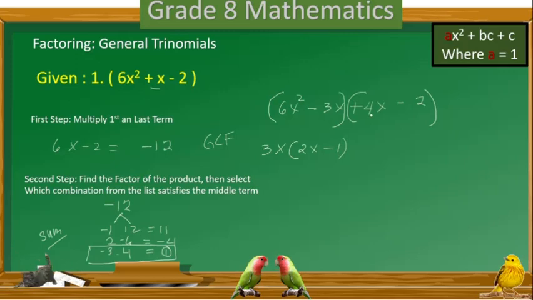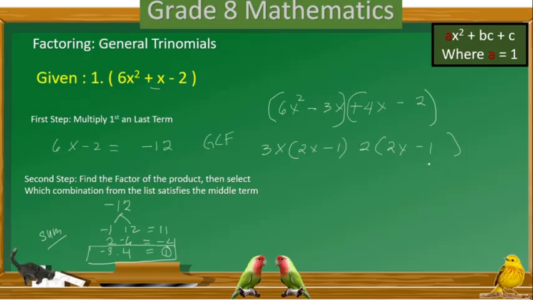And for this one, our greatest common factor for 4x and negative 2 is 2. And then we will divide them by this 2. 4x divided by 2 is 2x. Negative 2 divided by 2 is negative 1. As you notice, the quotient of the first group and the quotient of the second group are the same.